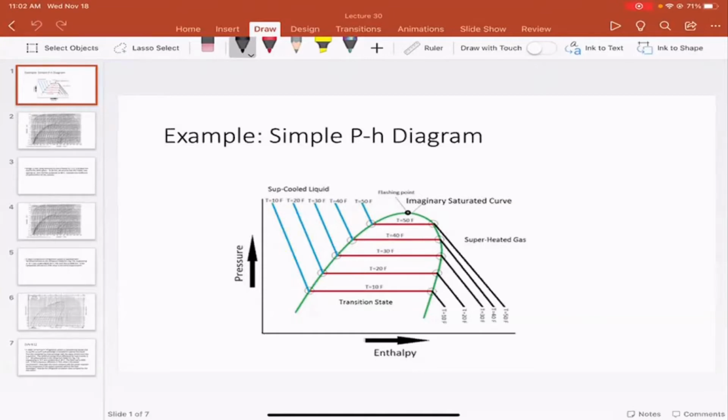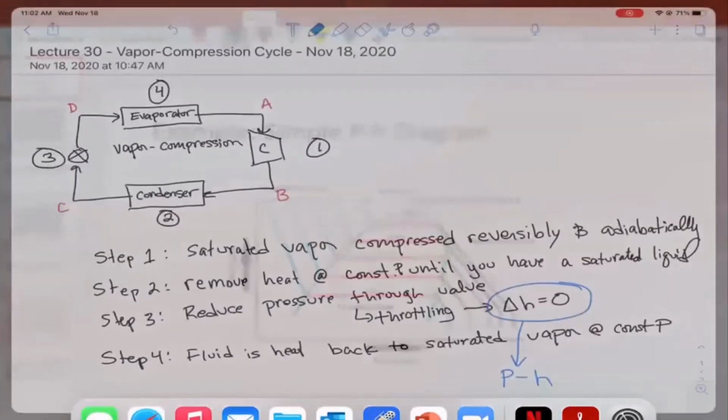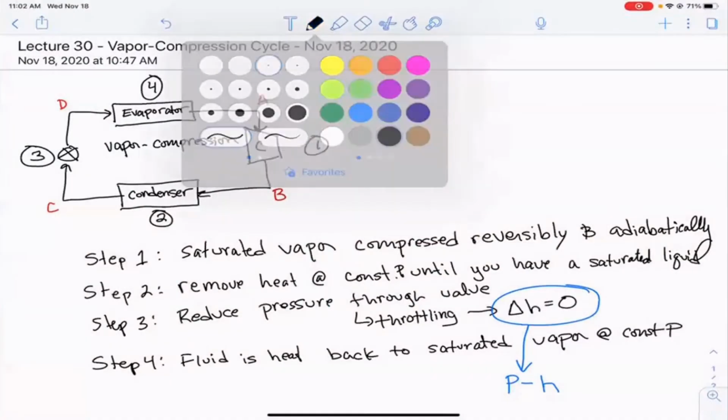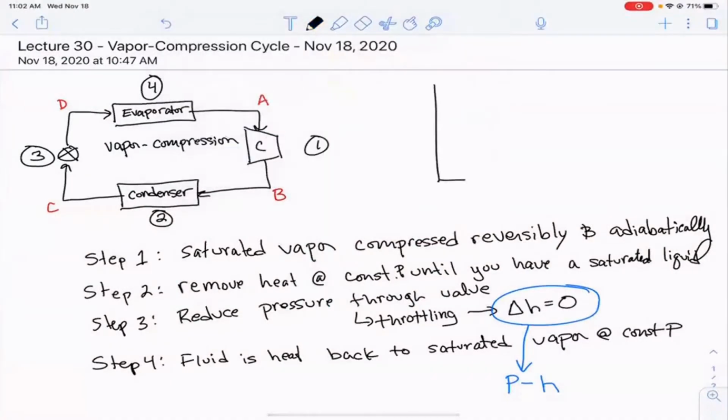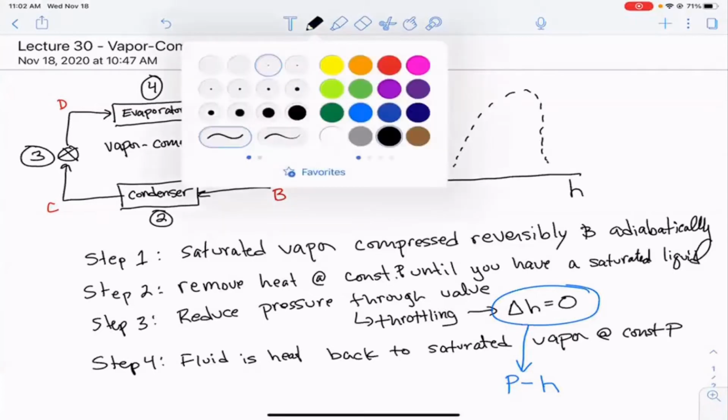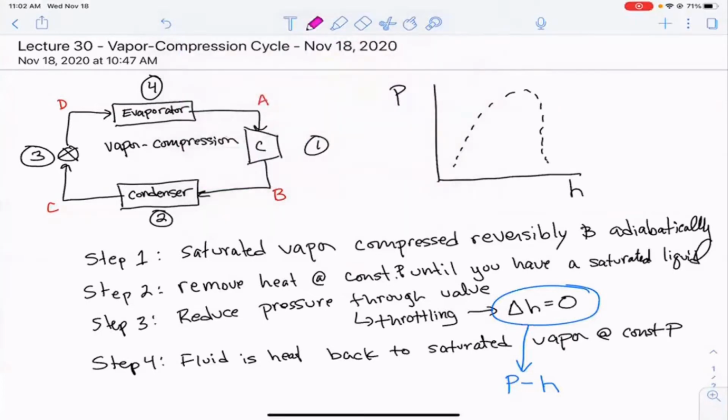And if we think about where we might be in a diagram like this, well, let's draw one. So if we drew a pressure enthalpy diagram, and let's have the same phase change region that we had in the TS diagram that you just saw previously. Let's think about where we are.